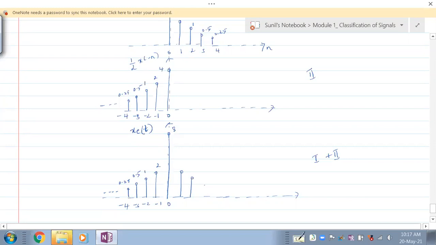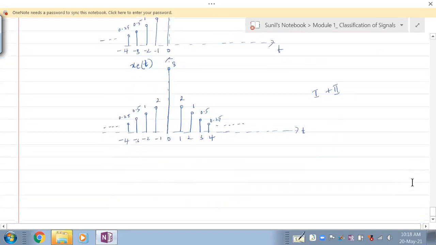So it should be symmetric. Okay, your even signal is a symmetric signal, mind you. If you fold, it should exactly go and overlap onto the signal on the other side. So this is 2, 1, 0.5 and 0.25. So this is how the even signal can be plotted.